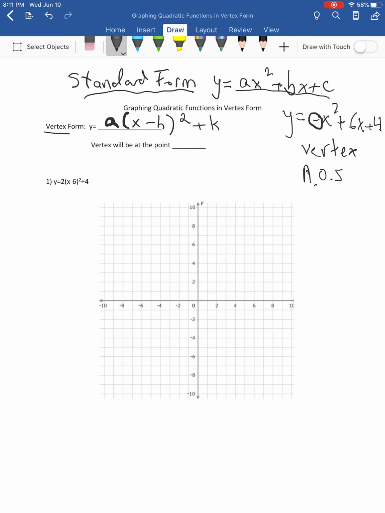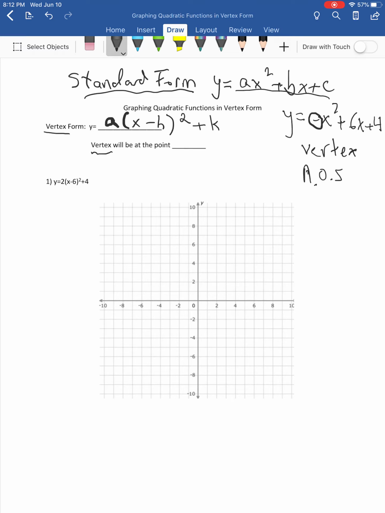In standard form, there are no parentheses. And as its name would imply, the key element of vertex form is identifying where the vertex is located. So through identification, we can spot the vertex.